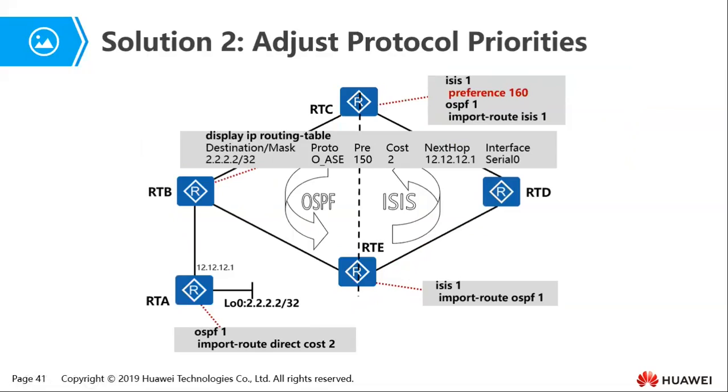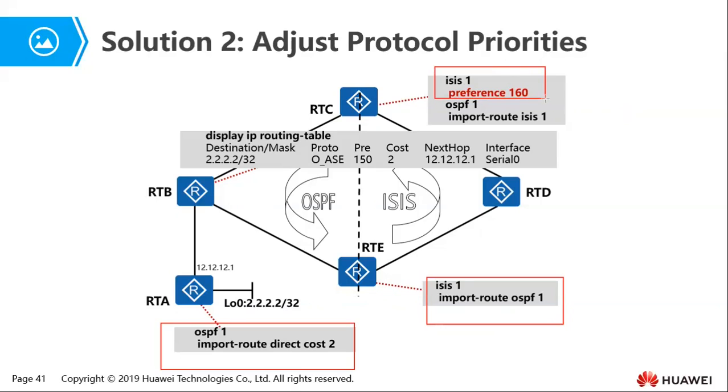The other solution to preventing the loop is adjusting the protocol priorities. What we're doing here is just the same thing. We import the direct route into OSPF, then we import OSPF into ISIS in RTE. In RTC, we can change the default preference for ISIS to 160.